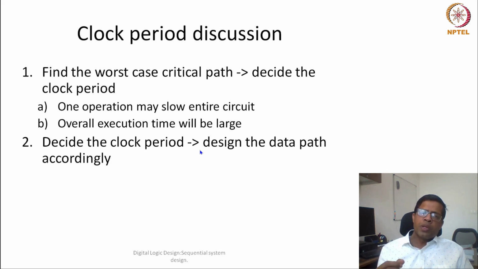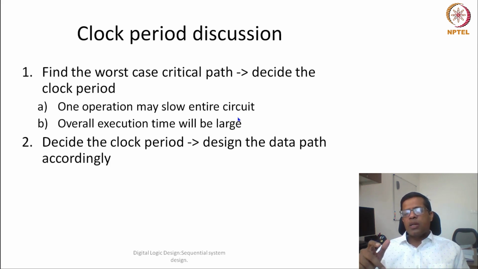Then also, if we determine our clock period based on the worst case critical path, the execution time is always bound to be larger than the fastest execution time which is possible. So this doesn't look like a very good option, where we first decide the critical path and then decide the clock period.